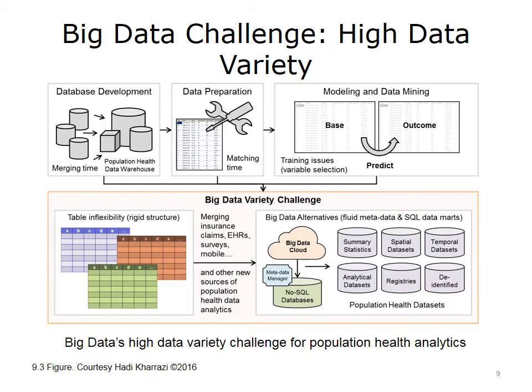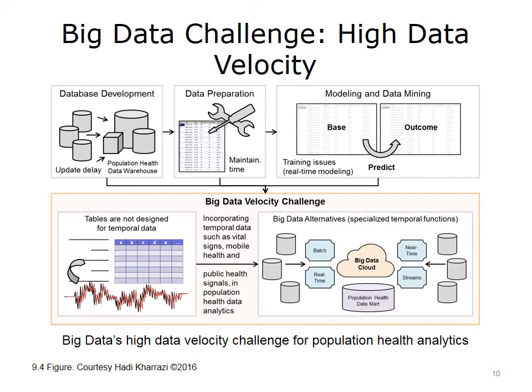This diagram shows the effect of big data's data velocity on the population health analytic process. The affected analytical processes are partially depicted in the top half of the diagram. The lower half of the diagram shows the reason for such limitations and how big data solutions can help to solve them.